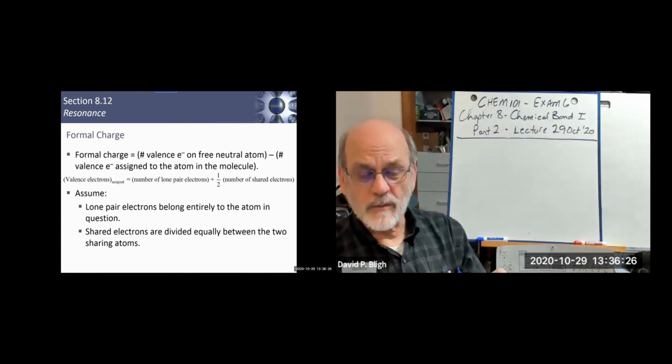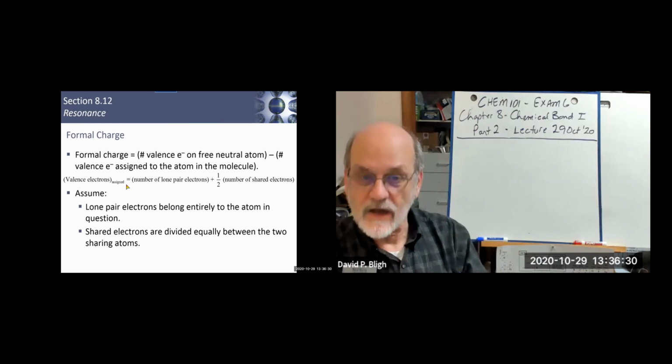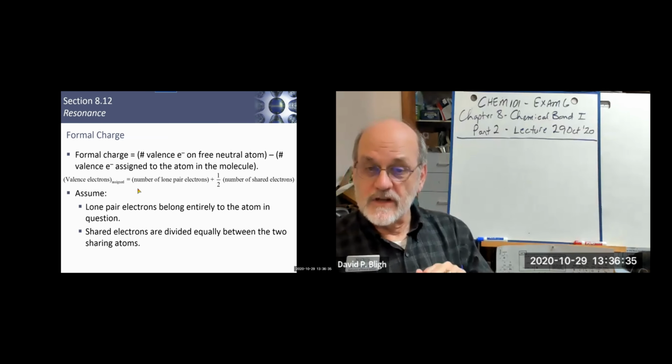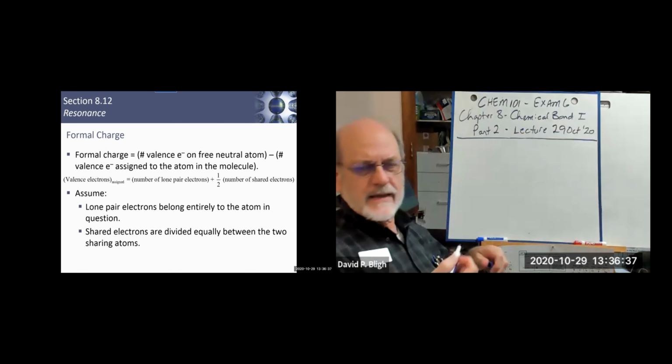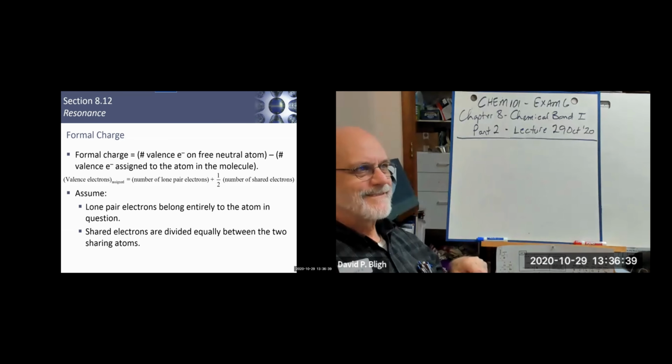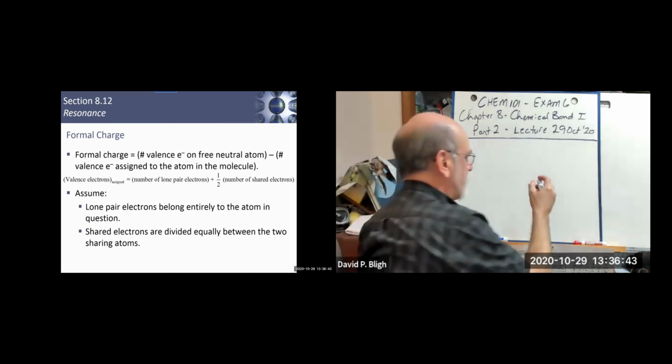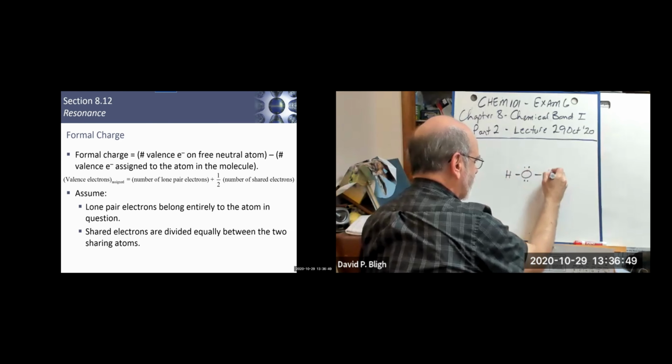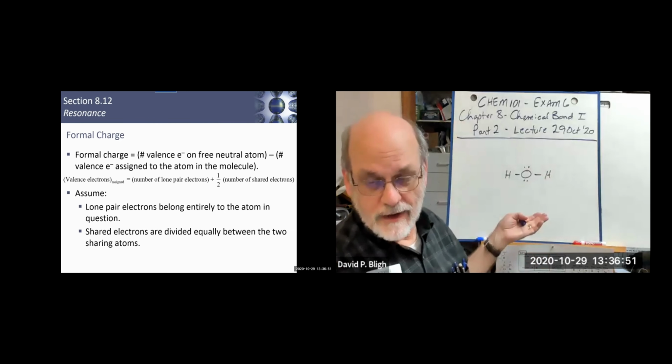Okay, this is just a formula. How do you tell the valence electrons that are assigned to an atom in a compound? Well, you take the number of lone pairs. Let's take water. We drew it like that before, right?